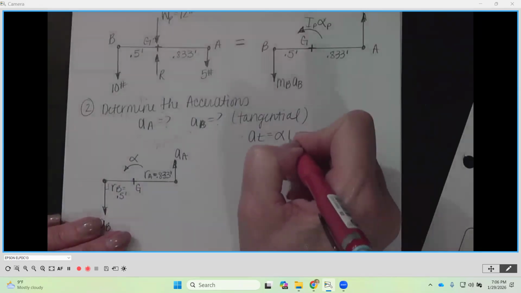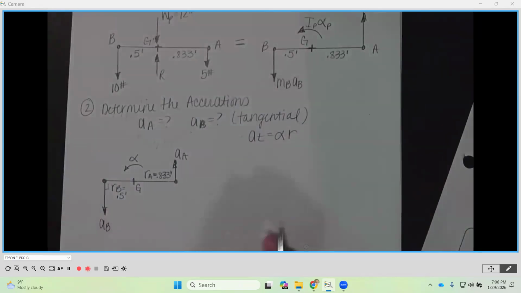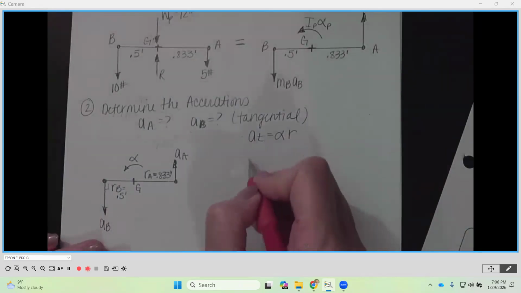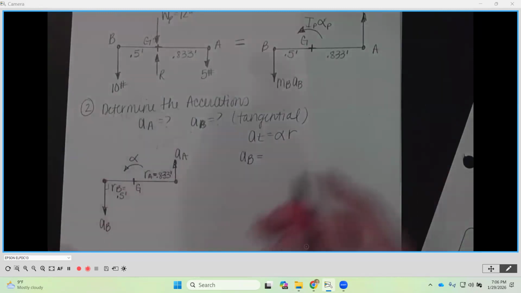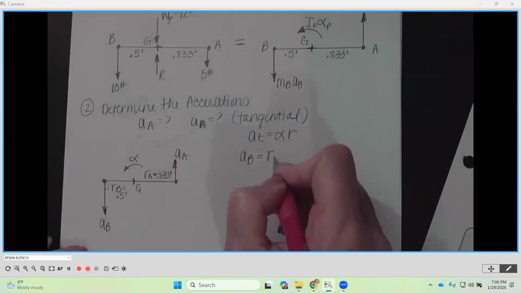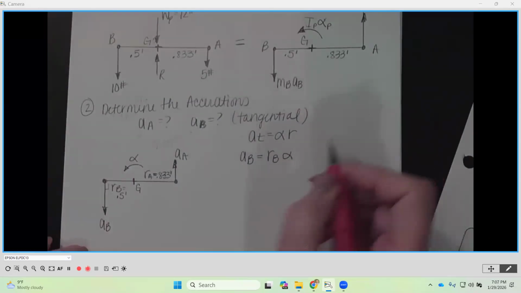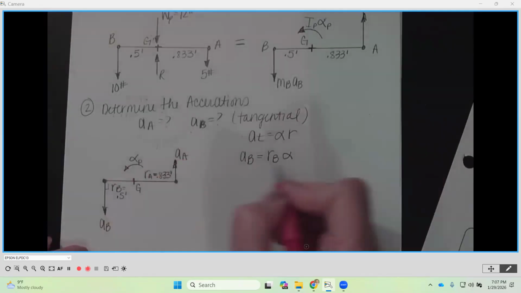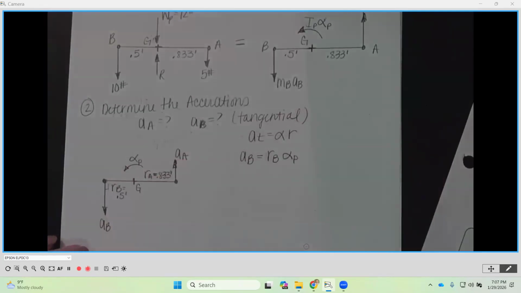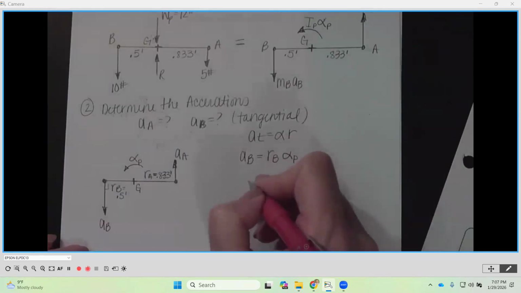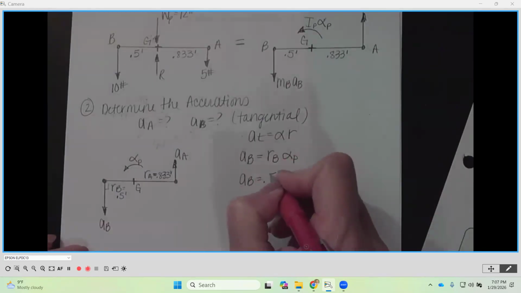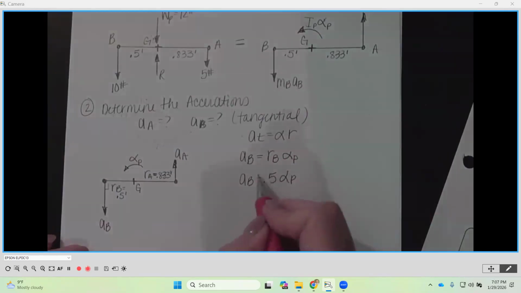So acceleration B in its tangential form is going to be equal to radius B times the angular acceleration of that pulley, which we've been calling alpha P. So we can say that a_B is going to be equal to 0.5 times alpha P.